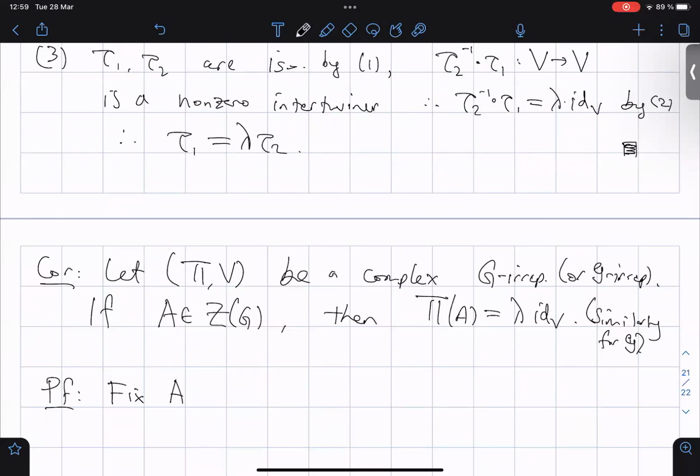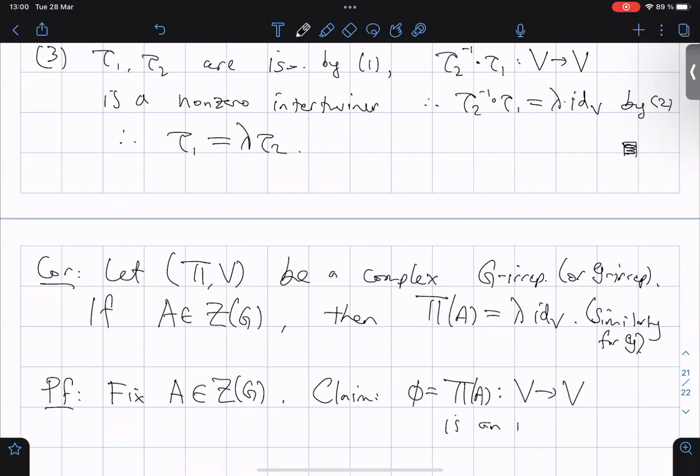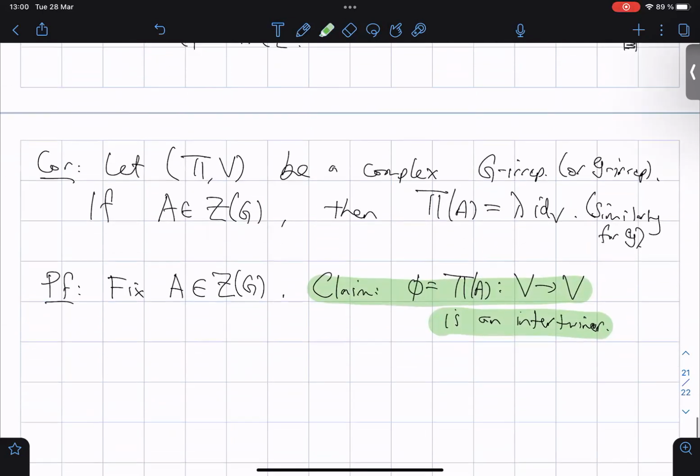It's a story about intertwiners, so we have to get ourselves a candidate intertwiner. So let's take an element A of the center, and claim that if we take A and hit it with this representation, this linear map is an intertwiner. Let's double check this.